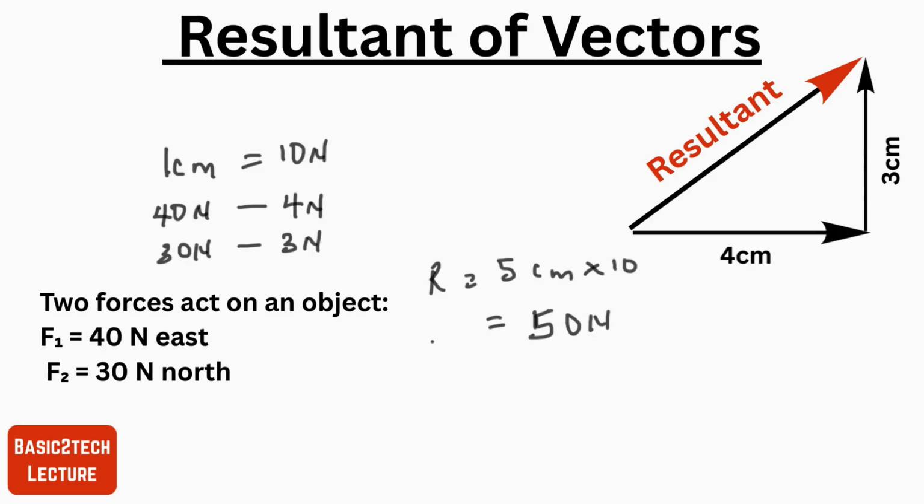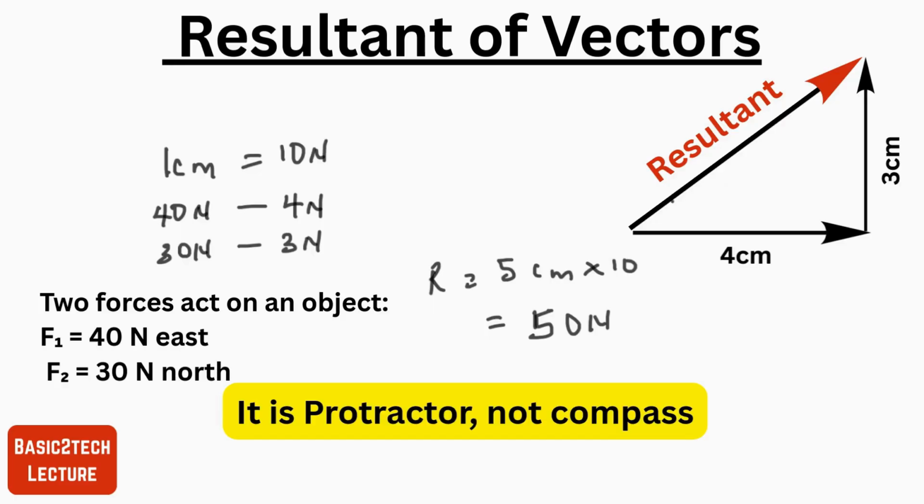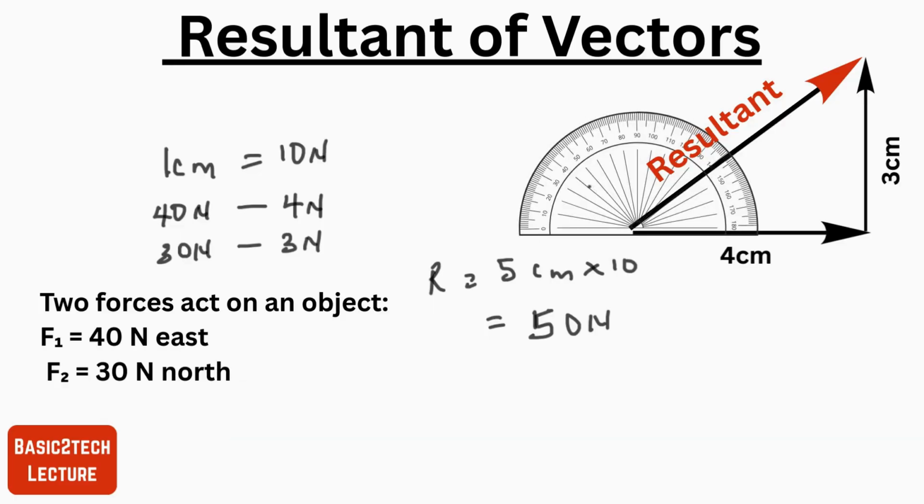Okay. So to get the direction, now remember, vectors have a magnitude and direction. So this 50 Newton is the magnitude. To find the direction, you put your compass at the end of the resultant vector and measure from right to left.